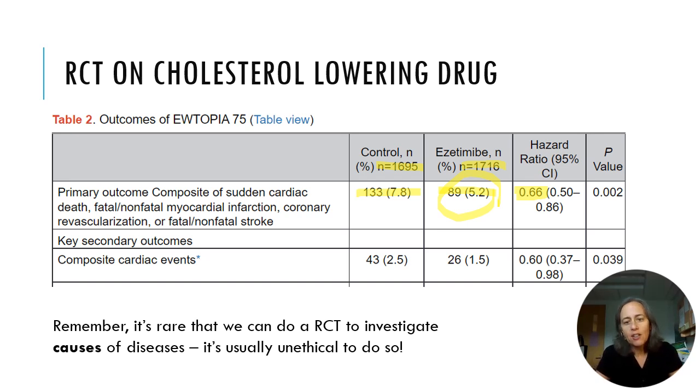So just another example, most trials of drugs and vaccines in the United States will be randomized controlled trials because that gives us the best data that we could possibly get. But remember, it's really hard to get those for understanding causes of diseases because we don't want to intentionally expose somebody to something that we think might make them sick.